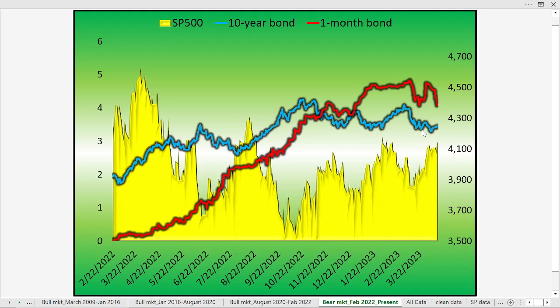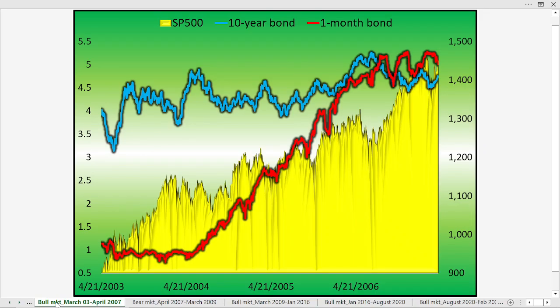The red line, the 1-month bond, is above the blue line. That's an inverted bond yield curve. It means that in the near-term future, things may look rosy, but in the long-term future, we probably see lower interest rates.